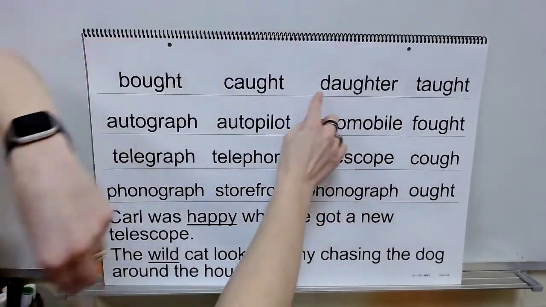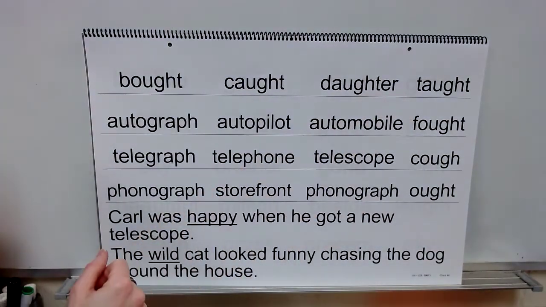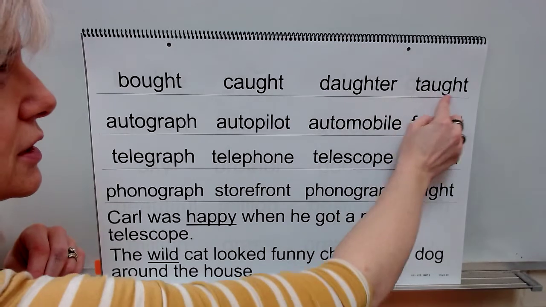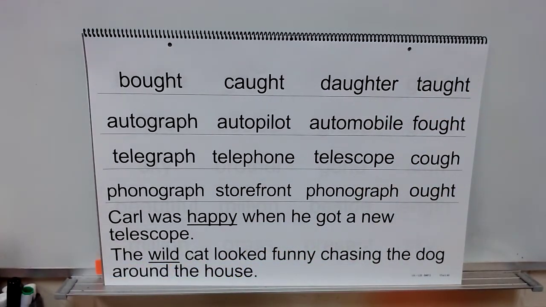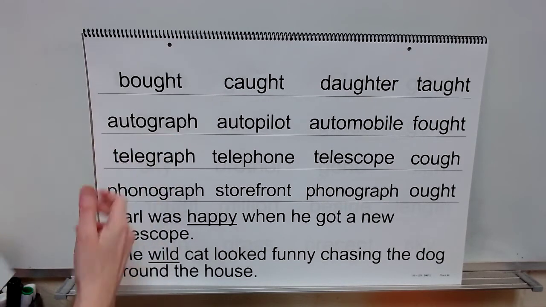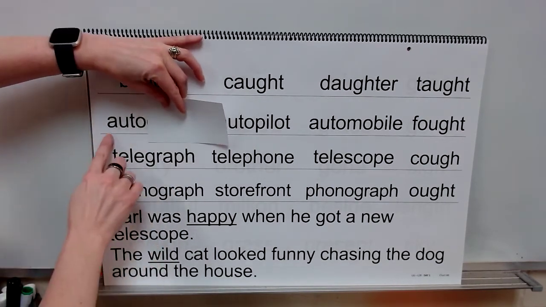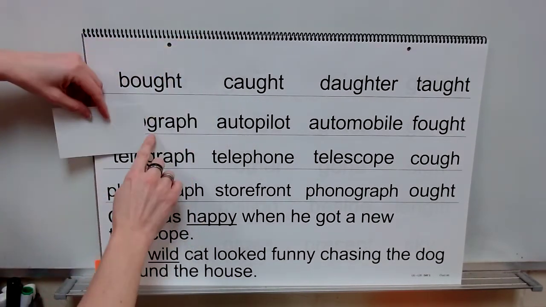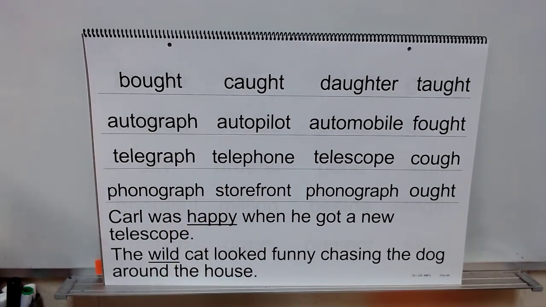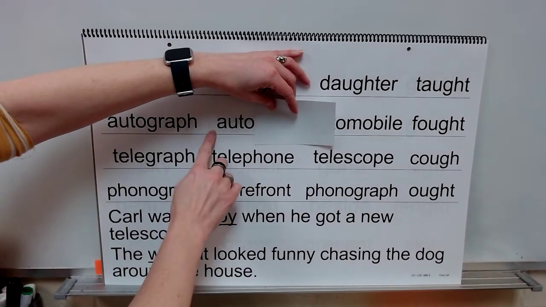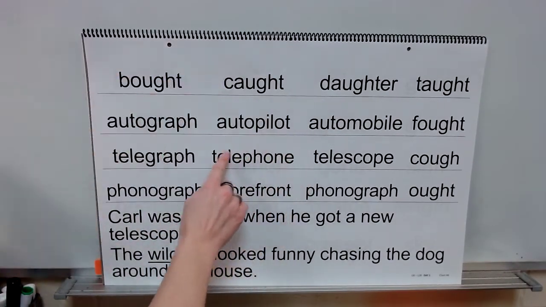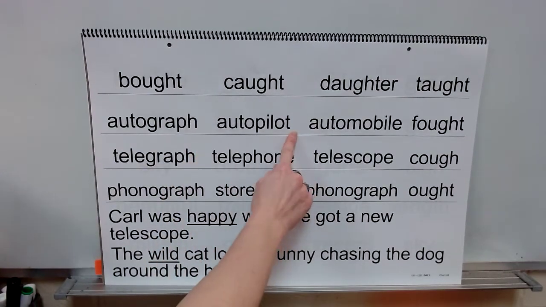Syllable, ter. Word, daughter. Sound, yes, ah. Word, yes, taught. This word is made up of two word roots. Root, auto, root, graph. Word, autograph. Word root, auto, base, pilot. What word? Autopilot.